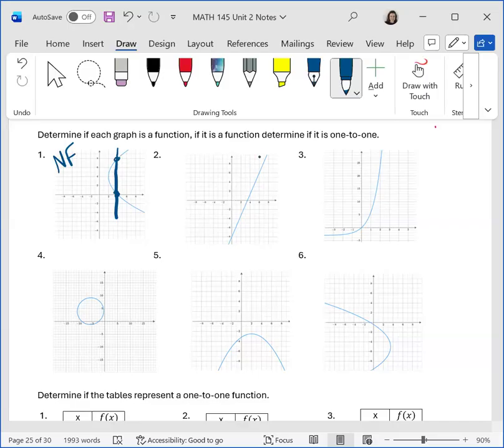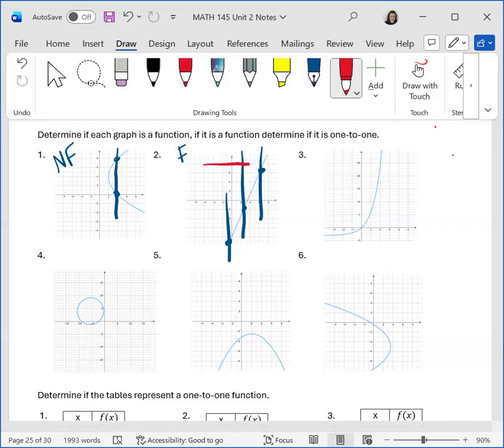Okay, number two, to test to see if this one is a function, I'm going to place vertical lines. And notice that no matter where I place that vertical line, it is only intersecting the line in one place. So this is a function. It passes the vertical line test. So now I'm going to do the horizontal line test, and that's going to tell me if this function is one-to-one.